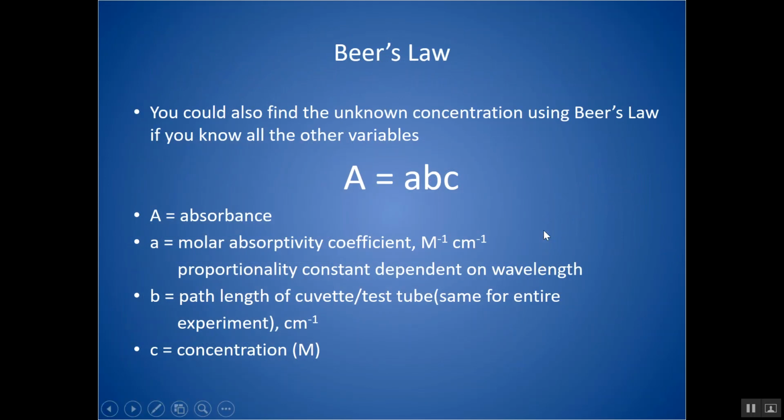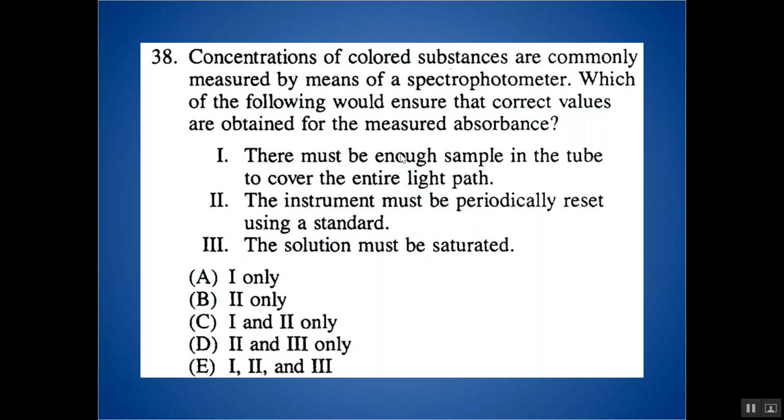Or instead of using your calibration curve, if you know your other variables, you can also plug back into Beer's law. If you know the absorbance, you can figure out the concentration, or vice versa. Other things to make sure of in the lab: there must be enough sample in the tube to make sure that the entire light path is covered. A lot of times we made sure that the test tubes were filled up at least 3/4 of the way or so.